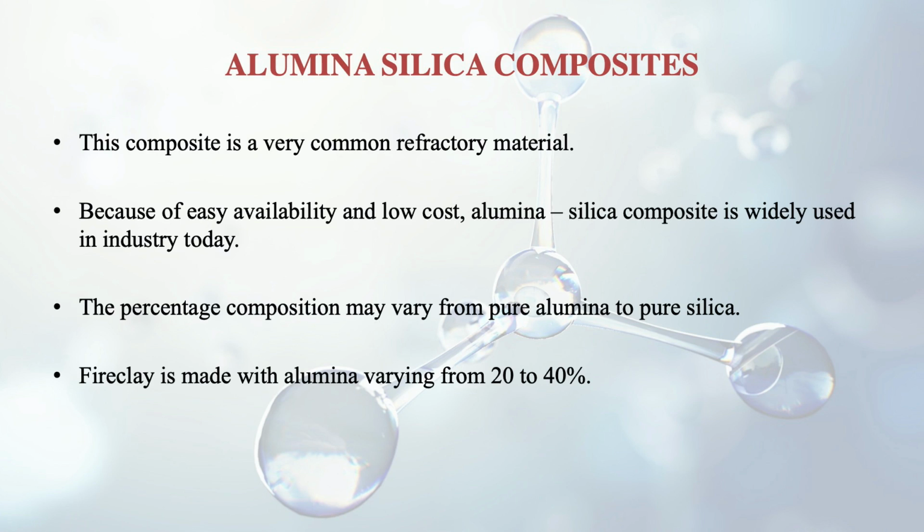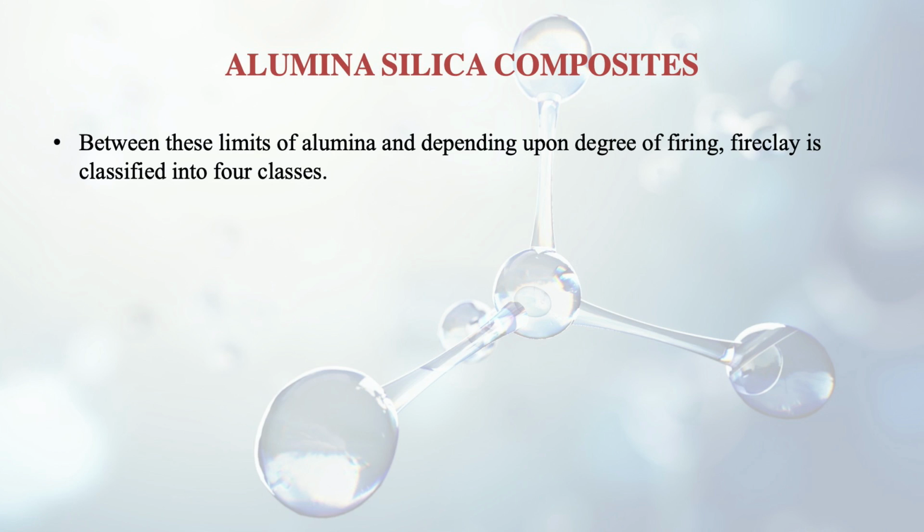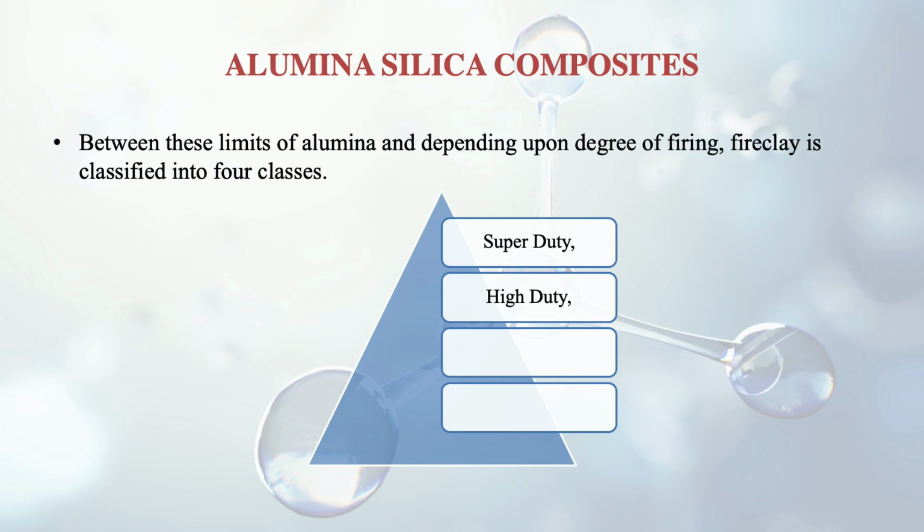So the most important application is that of fire clay, and fire clay is made with alumina varying from 20 to 40%. So in a combination of alumina and silica, alumina will be around 20 to 40%. And between these limits of alumina, and depending upon the degree of firing, fire clay is further classified into 4 classes, which are the super duty, high duty, medium duty and low duty.